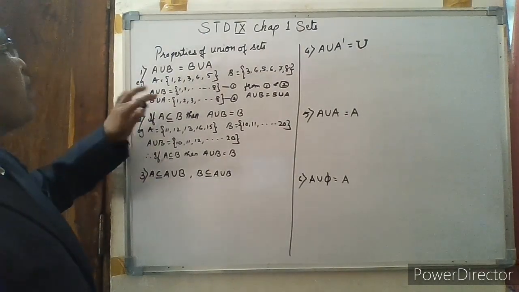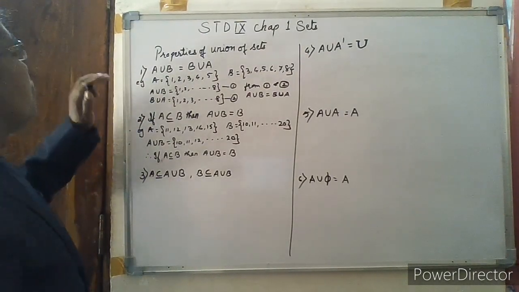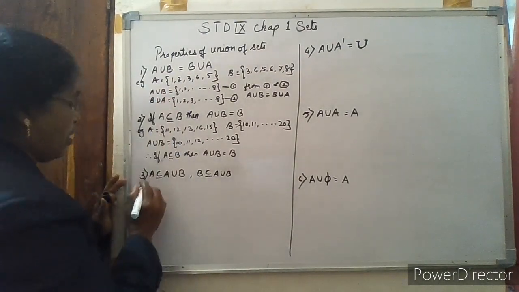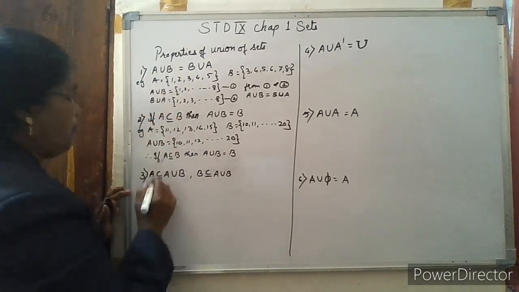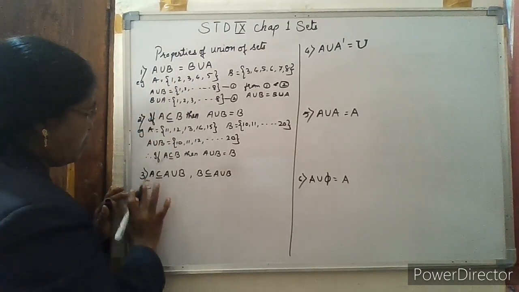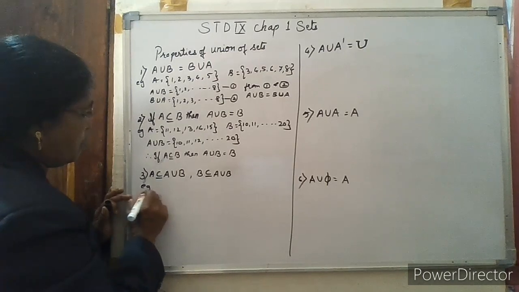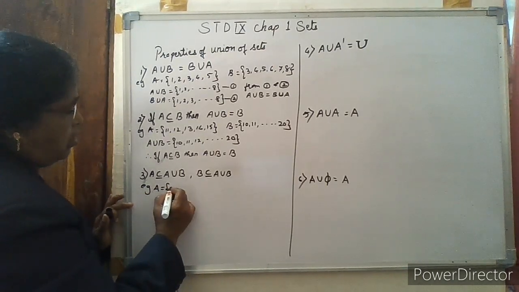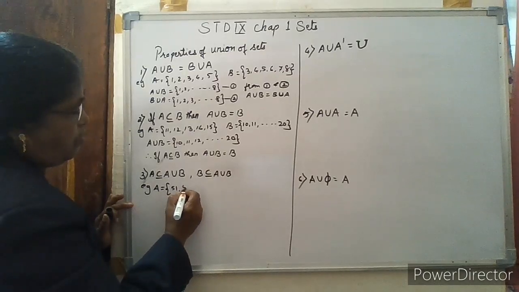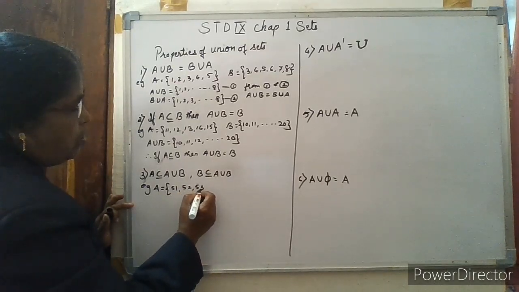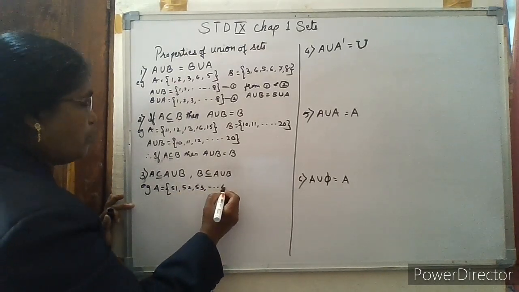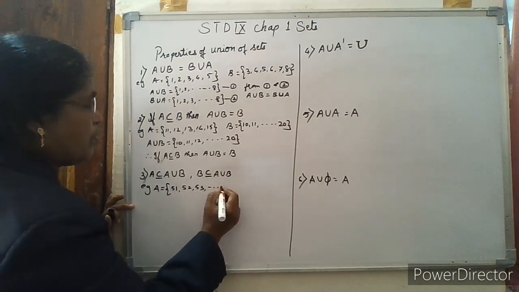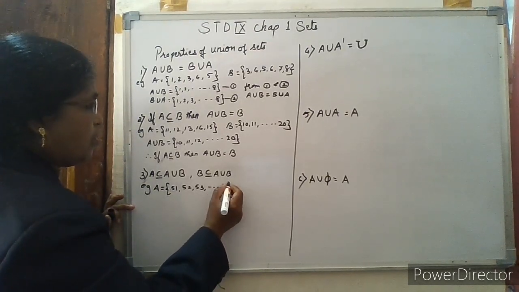So with example 1 in property 1, or we can take a different example also. Suppose I take set A as 51, 52, 53 and so on up to 60.